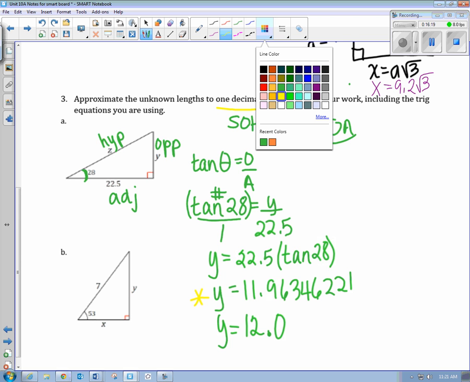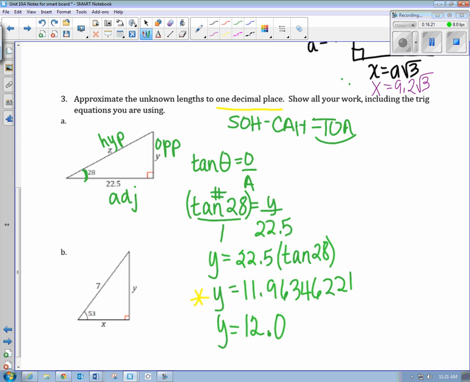If I go through now and I want to find z, when I'm working with z, I know that z is the hypotenuse, and I'm going to link that back also to the 22.5. So I'm using adjacent and hypotenuse, which tells me that it's cosine. My formula for cosine is cosine of the angle theta equals adjacent over hypotenuse.